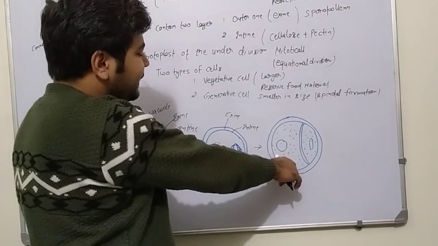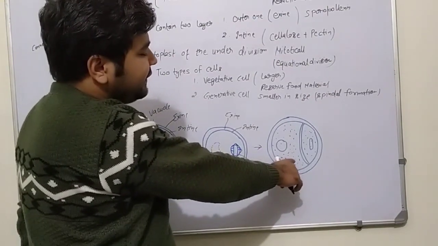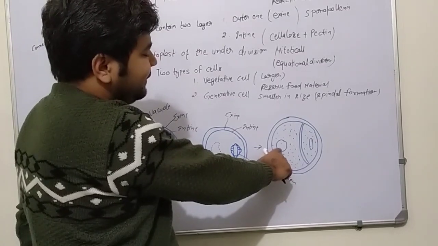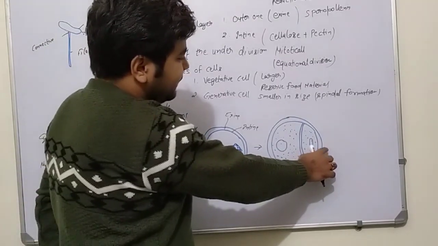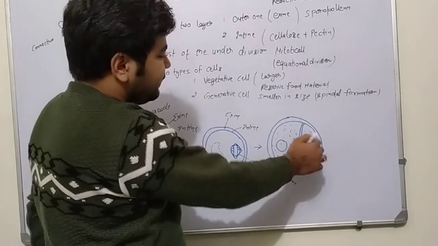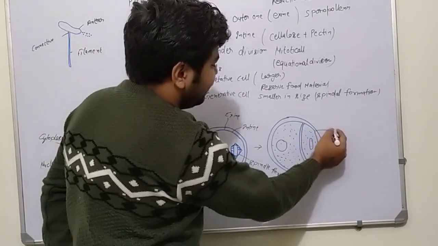In that diagram, you will clearly see that the vegetative cell is larger in size and has a prominent nucleus, and this is the generative cell, which has a nucleus and dense cytoplasm.